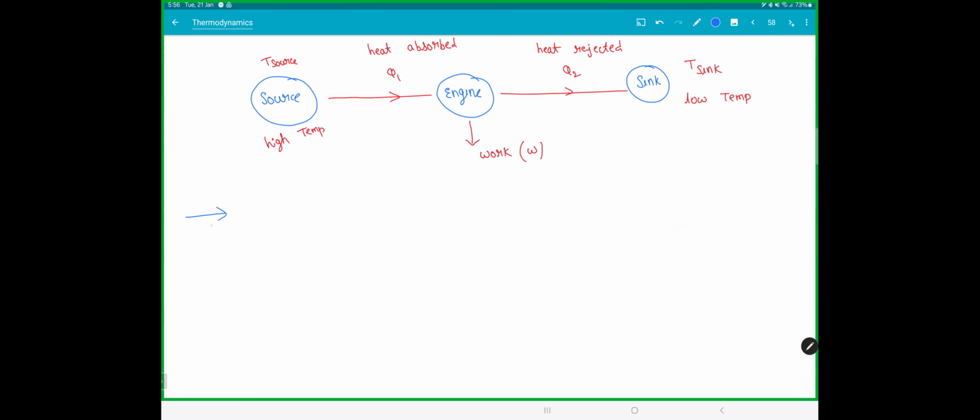Now, the efficiency is defined as, you can clearly see from here, whatever heat is being absorbed must be equal to work done plus Q2. And the efficiency eta is defined as the work done by the positive heat. So the total work done by how much heat you have given? That will be W by Q1, where W is nothing but Q1 minus Q2, which becomes 1 minus Q2 by Q1.